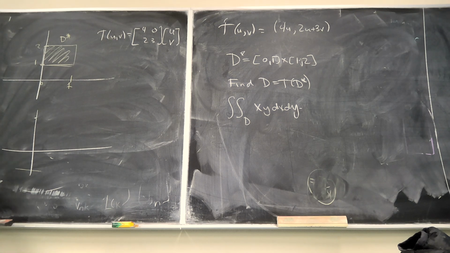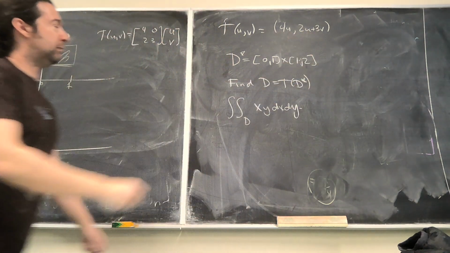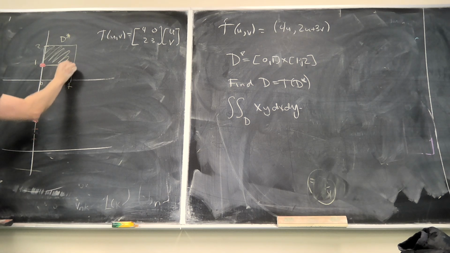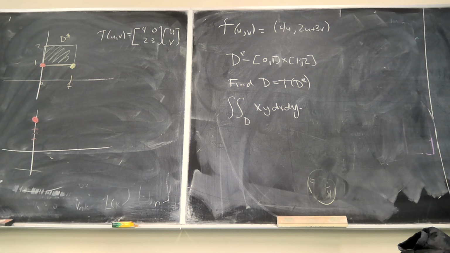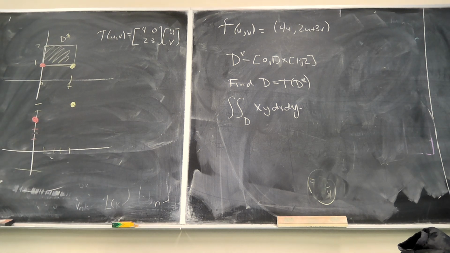So this corner right here, the corner at (0, 1), where did it land? You don't have to do a matrix multiplication if you want. You can just plug it in right here. So where does (0, 1) go? (0, 3). Okay, so the red corner went right here. How about the yellow corner, (1, 1)? Where did it go? (4, 5). There's the yellow corner. How about the green corner, (0, 2)?